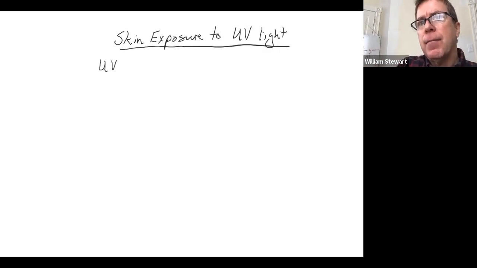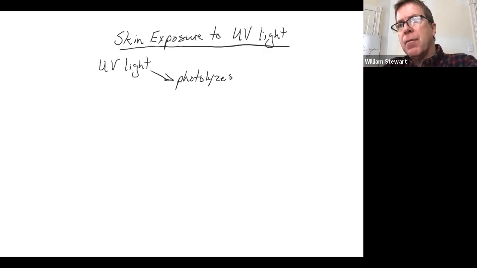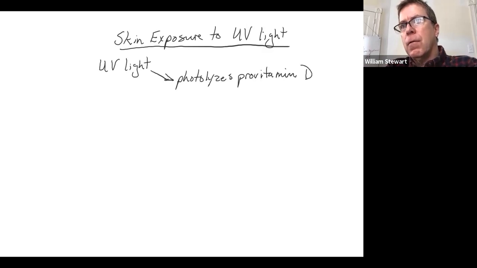hits the skin. So UV light is produced by the sun. What it does is it photolyzes provitamin D3 that's found in the skin.